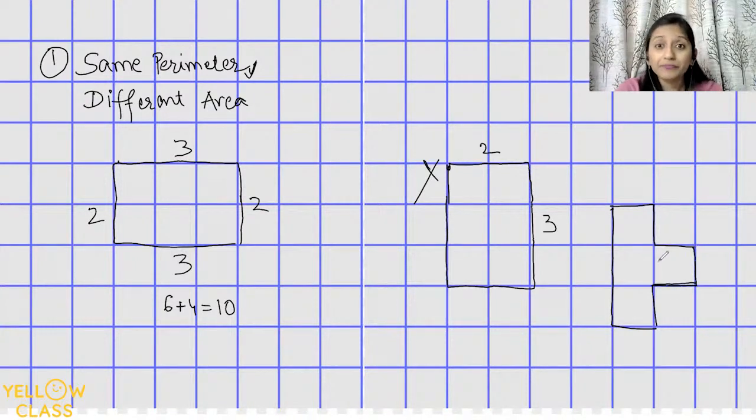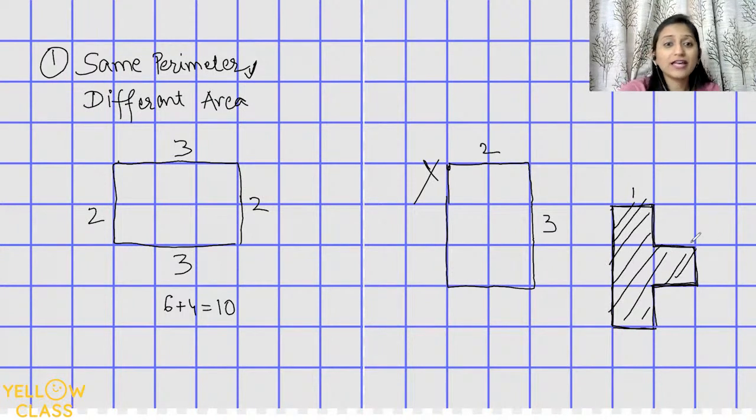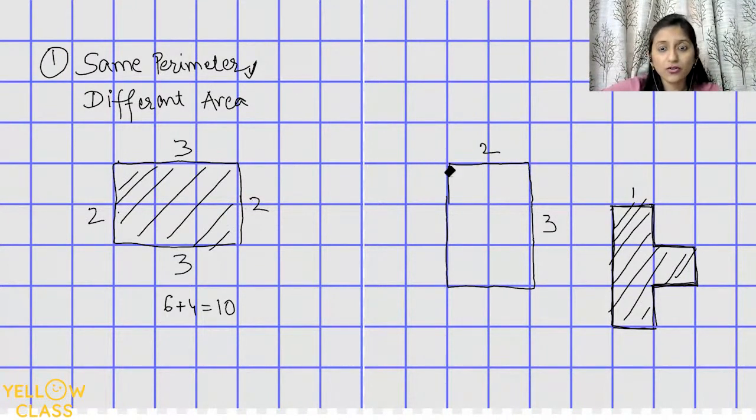So this is 1, 2, 3, 4, 5, 6, 7, 8, 9, and 10. Yay! I got it. This has perimeter 10, and this also has perimeter 10. So this middle one is incorrect, and I'm erasing it so that it will not cause any confusion.